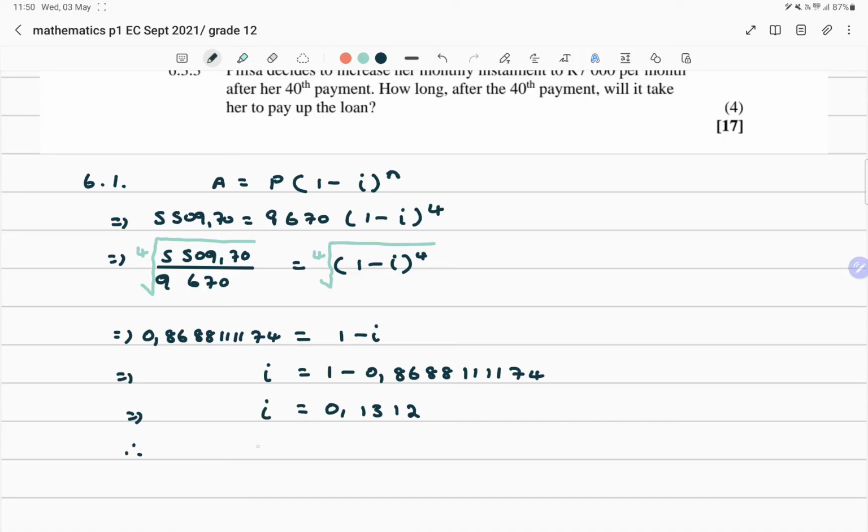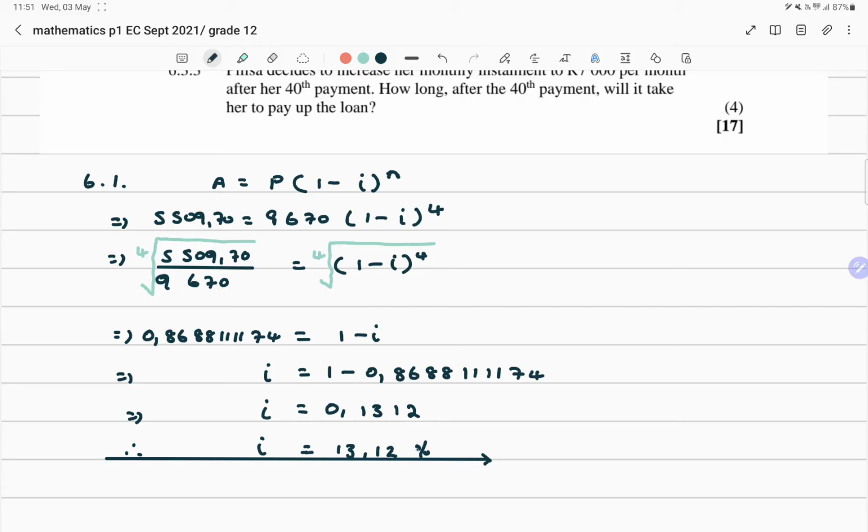So we can say therefore you can just multiply this thing by 100. This is going to be 13.12%. You can use it as a percentage, but you can leave it as that one on top. But what makes sense is percentage. So normally, I think your exam guidelines will tell you exactly what is the acceptable answer.